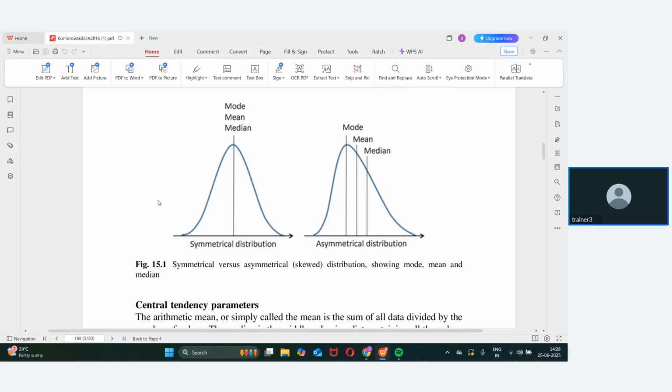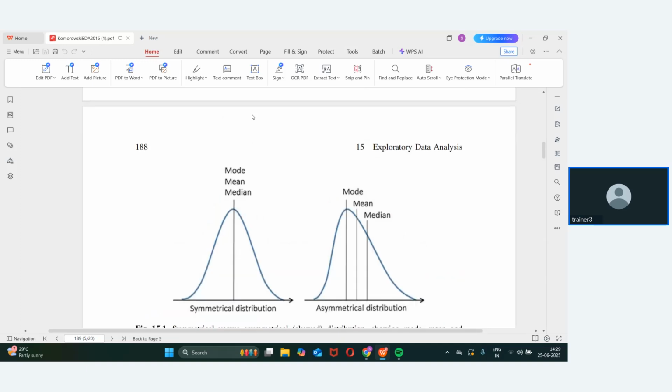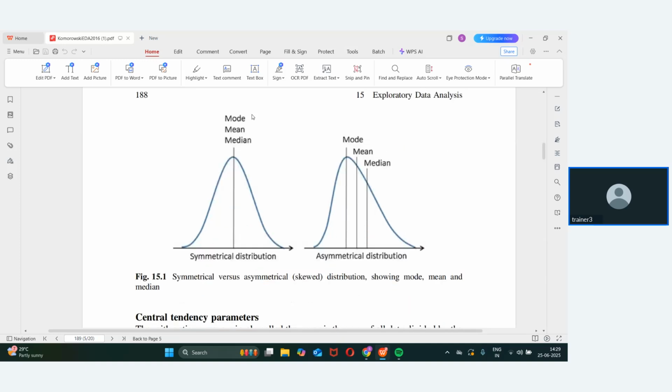Under univariate analysis for non-graphical, the measures of central tendency are mean, mode, and median. The measures of spread are range, deviation, and variance. Also frequency tables. These are all the techniques that we use in non-graphical univariate type of EDA.